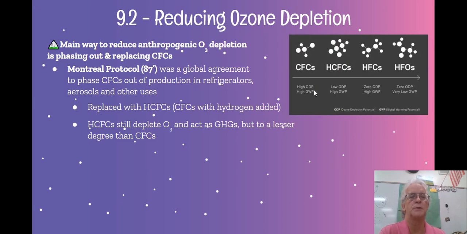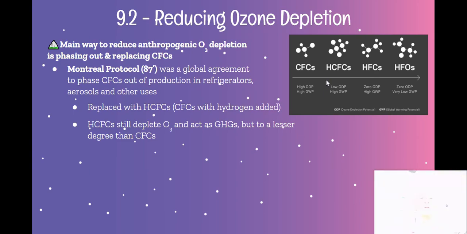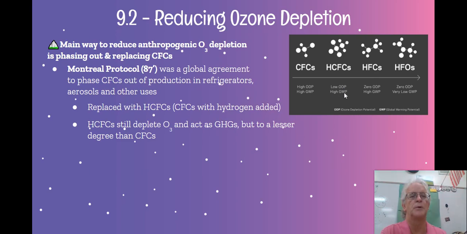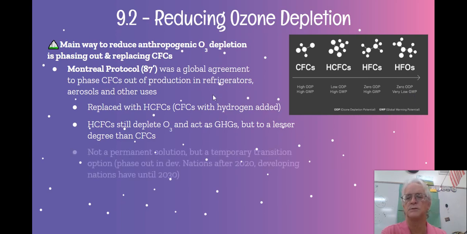GWP is global warming potential. HCFCs have a low ozone depletion but a high global warming potential. HFCs have a zero ODP but a high GWP, and HFOs, which we're trying to go to, have zero ozone depletion but a very low greenhouse effect.